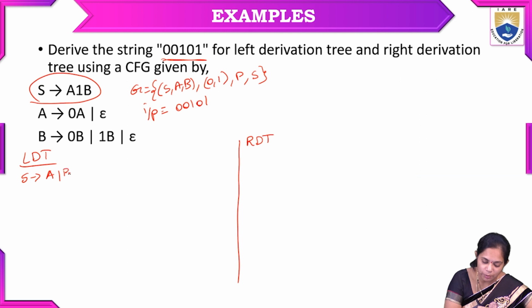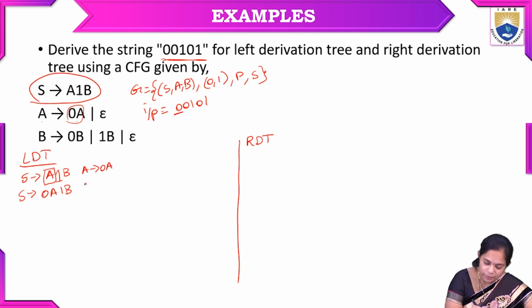So we take production rule 1. In the leftmost derivation, we have to take the leftmost non-terminal. So instead of this A, in the input string we have 0. So we replace with the input symbol 0 production. Here instead of A, we write 0A, 1B. And here we write the equation also: A tends to 0A.